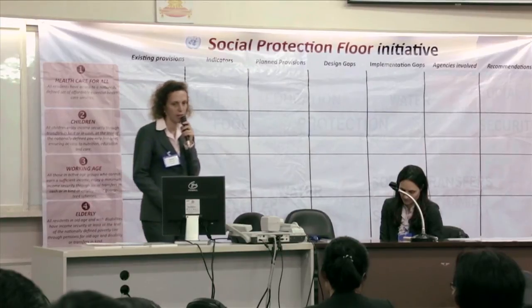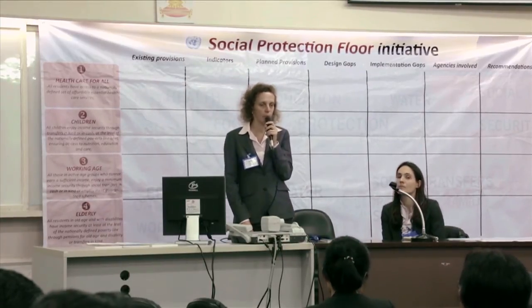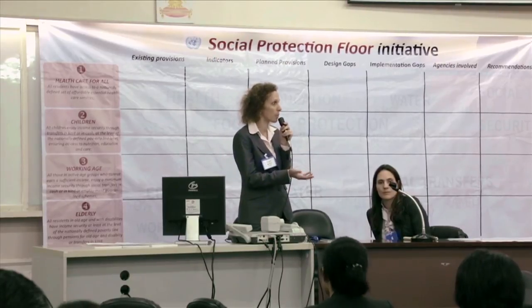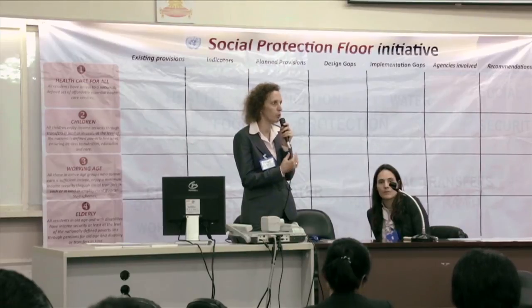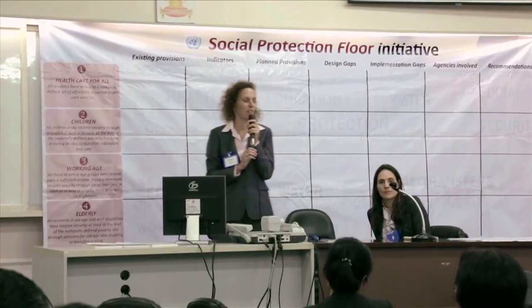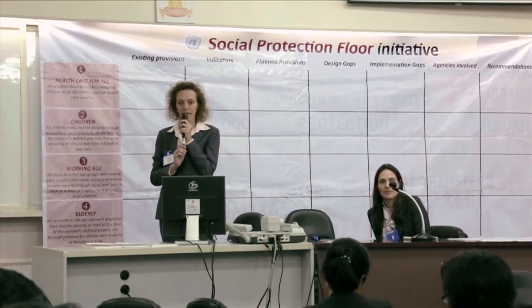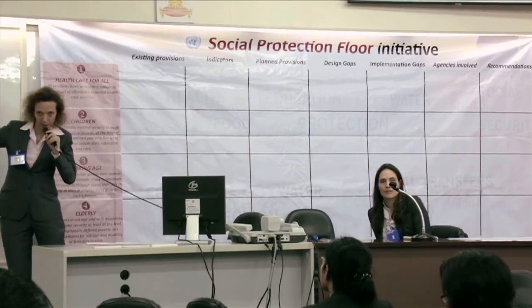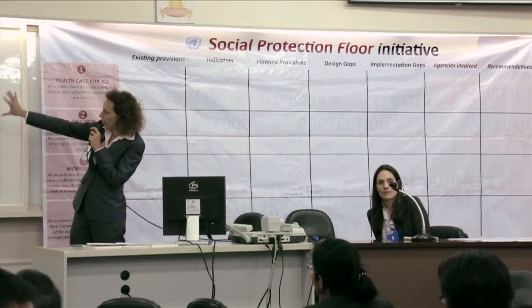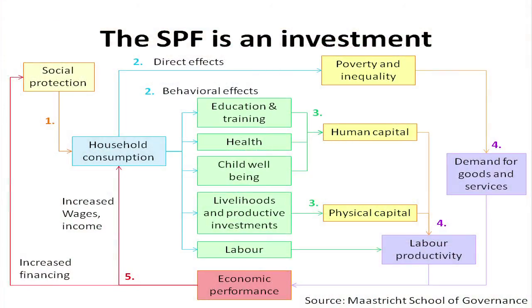Also, as Celine was just saying, when you provide transfers to people who are really vulnerable, this helps them, for instance, to find a new job, because they will finally be able to buy their bus tickets to go to the employment center and find a new job, or to submit a CV, etc. So this has a direct impact on their productivity and employability. And all this, the increase in labor productivity of the country and the increase in the demand for goods and services, is good for economic performance at the macro level.